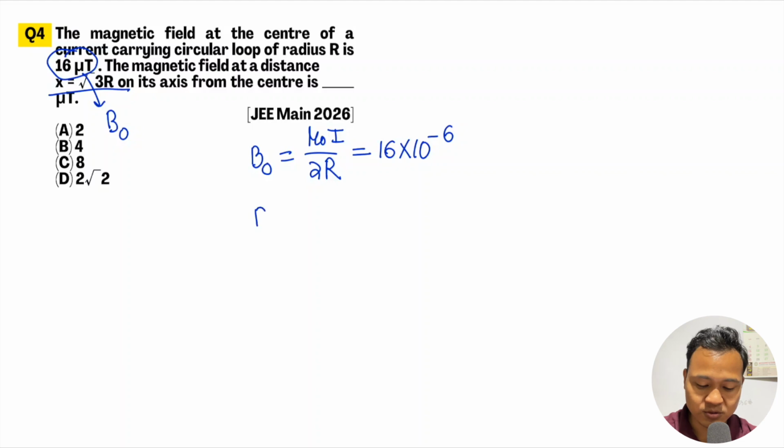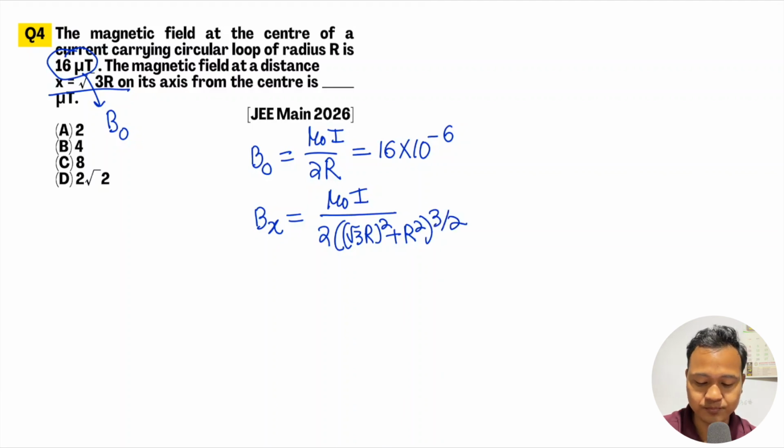Now B at x, so B at √3 r. So x is mu naught into I divided by 2 into x square, so √3 into r the whole square plus r square power 3 by 2. Okay, you solve this one.